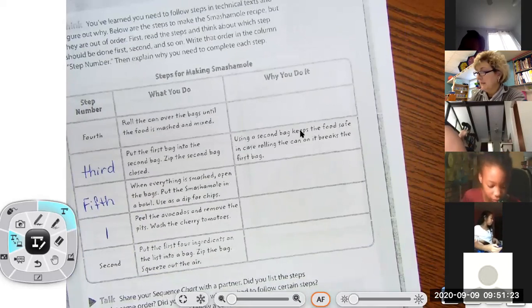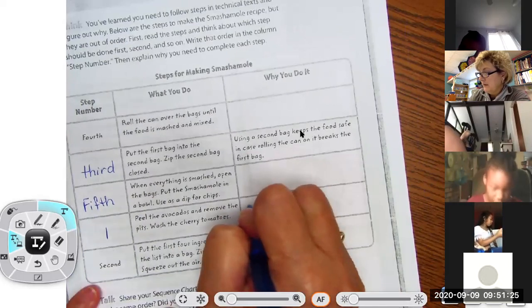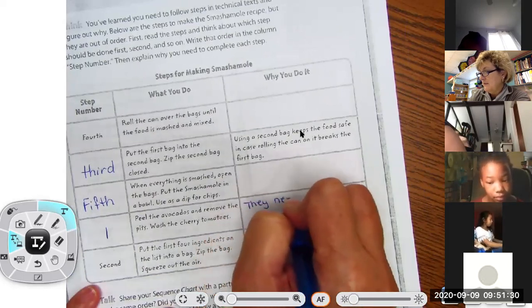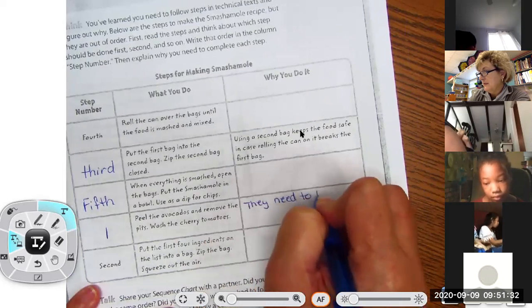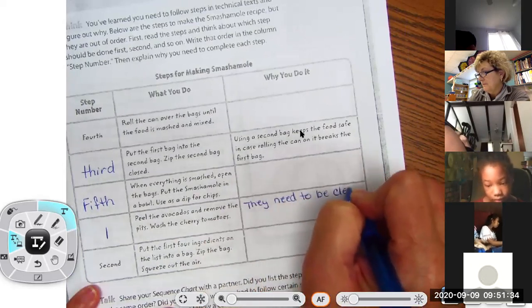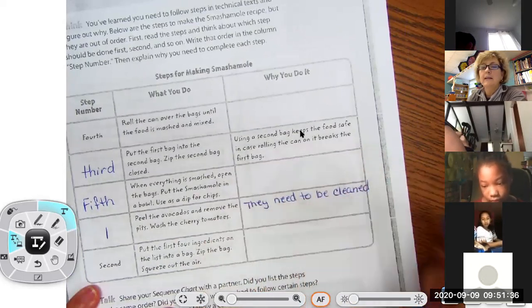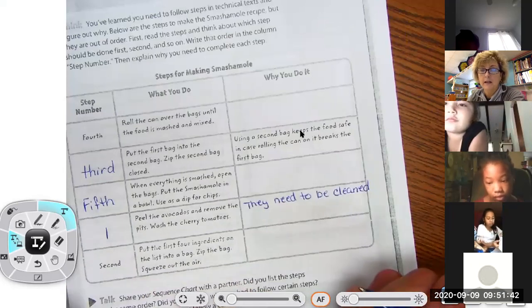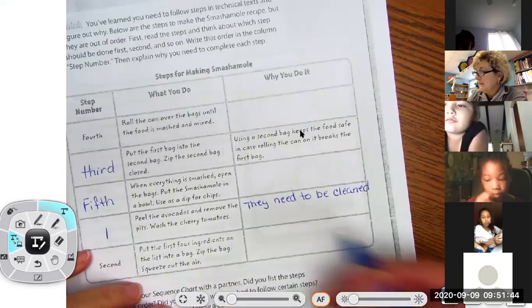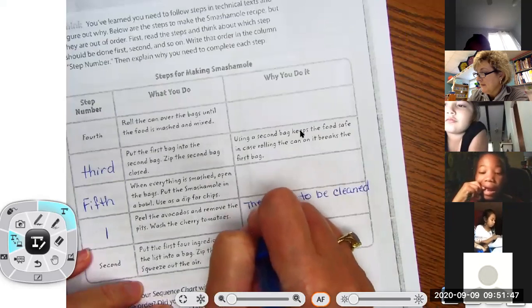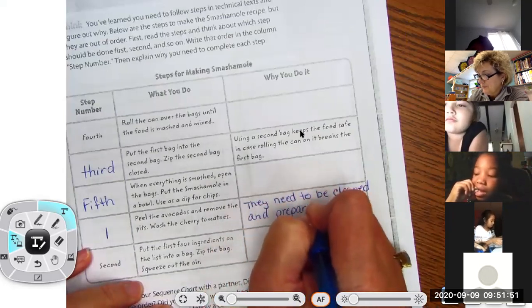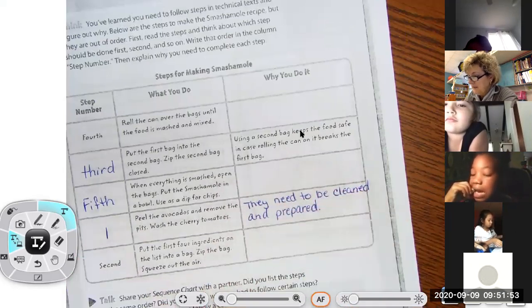So it needs to be clean. So here you would write, they need to be cleaned. But not only do they need to be cleaned, when you peeled it and removed the pit, you were preparing it, correct? Yes. So they need to be cleaned and prepared.